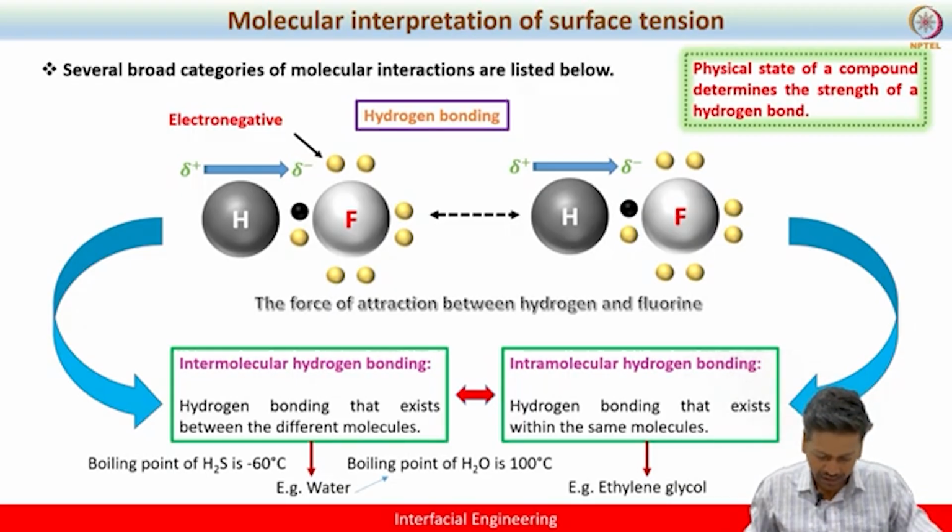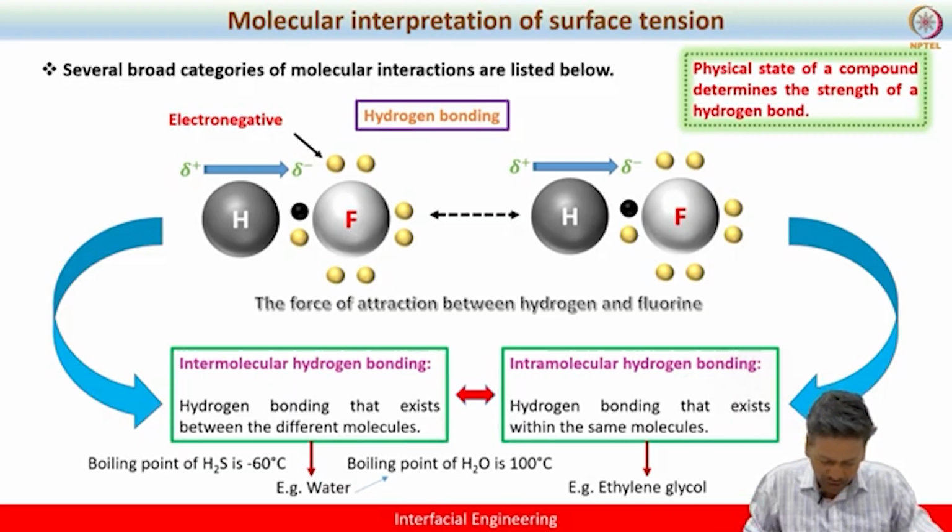Let's understand what hydrogen bonding is, and we have metallic bonding, and we have London dispersion force, and we also have dipole force, right? So first let's look at the hydrogen bonding.